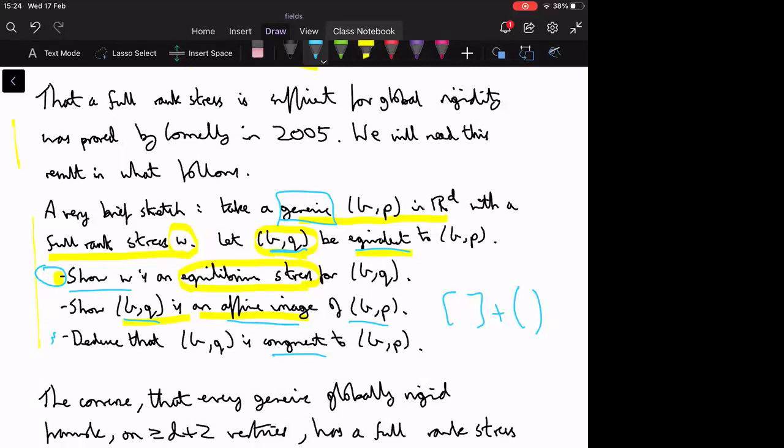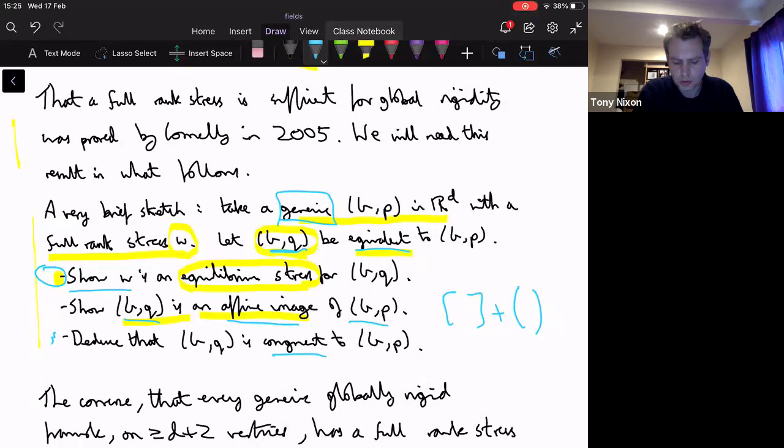So you can slightly weaken it, but I don't know how much good it is, because he doesn't need that it's generic per se. What he needs is that the configuration space of points equivalent to GP is a smooth manifold, or a differentiable manifold. That's what he needs. Yeah, so generic gives that for free, basically.